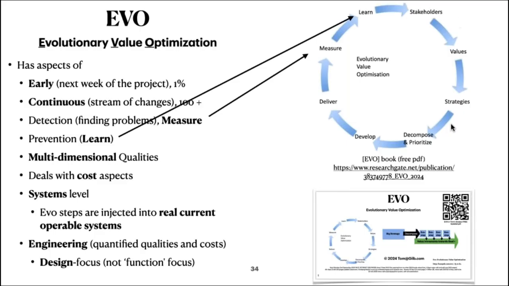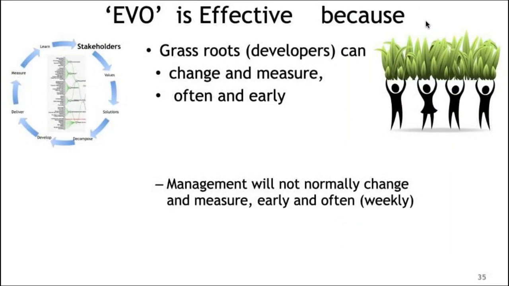But the core of it is this cycle, which is really a plan, do, study, act cycle. Okay. Now, EVO is effective because we're letting, again, the grassroots developers change and measure often and early.